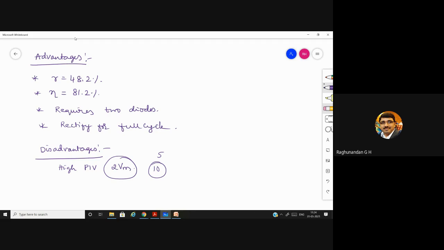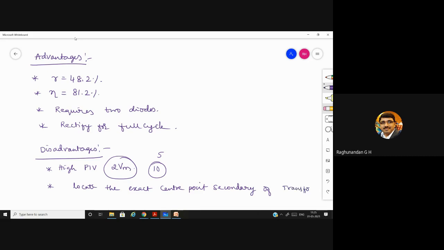And also the main difficulty we are going to face here is that we are using a center tap transformer. Whenever you use a center tap transformer, you need to locate the exact center point in the secondary of the transformer.